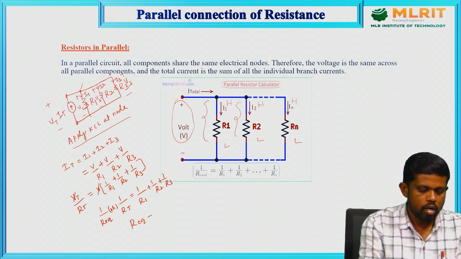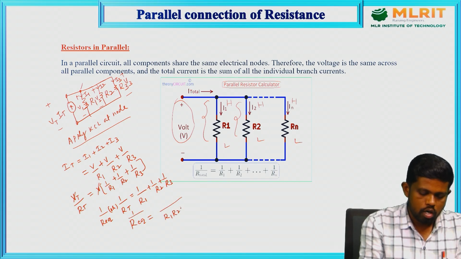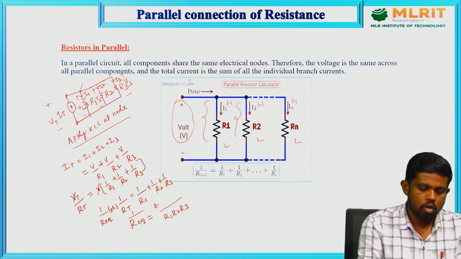1 by R equivalent equals: the LCM of the denominators is R1 into R2 into R3, and the remaining terms in the numerator are R2 into R3 plus R1 into R3 plus R1 into R2. This is the 1 by R equivalent value.